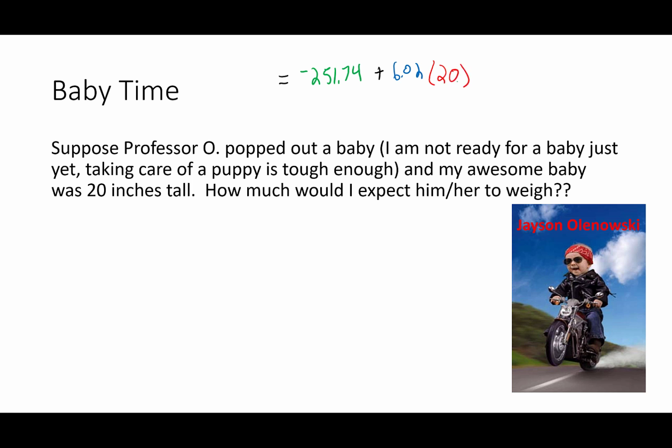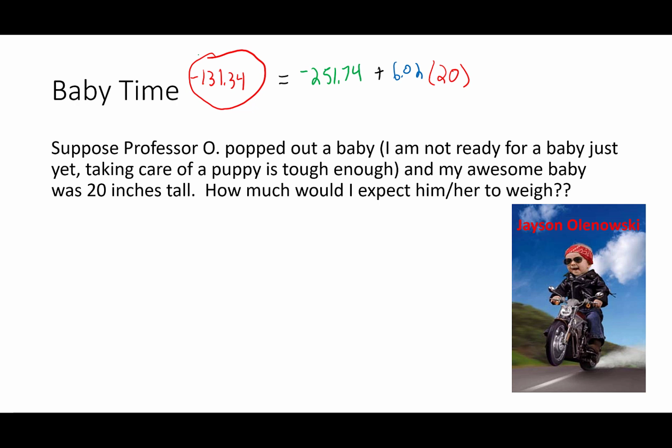That was the point of these regression models, to make predictions. So let's make a prediction. Our predicted weight would be a whopping negative 131.34 pounds. Not a very healthy baby.